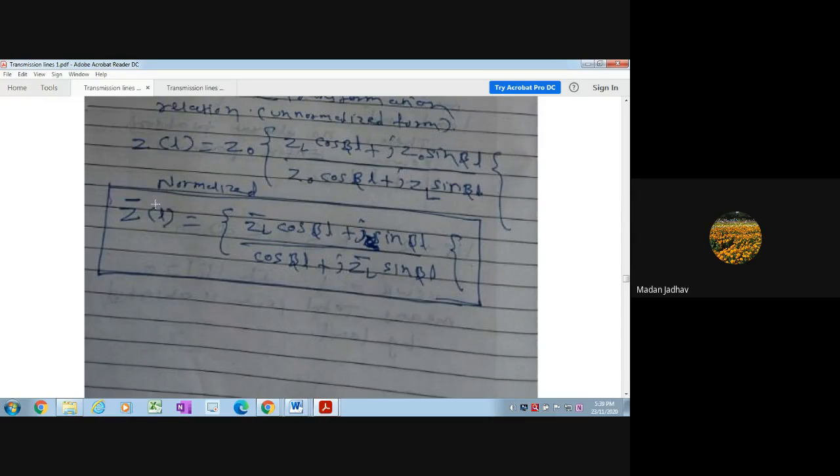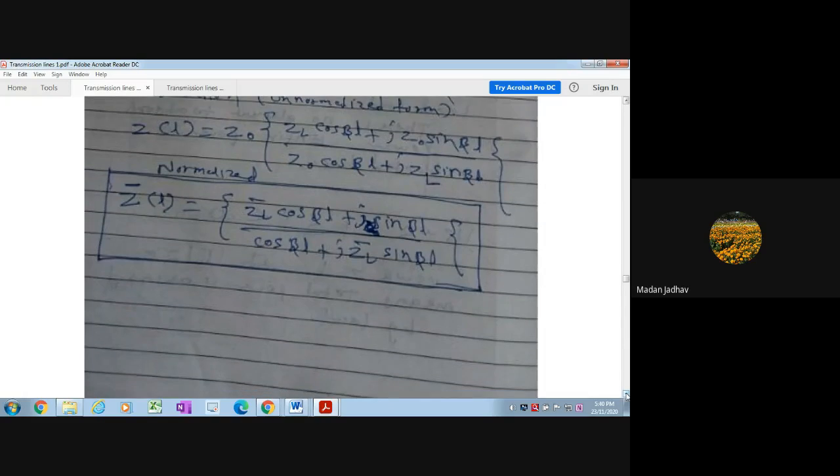Therefore the impedance transformation equation in normalized form for a lossless transmission line will be this one: ZL bar cos of beta L plus j sin of beta L, divided by cos beta L plus j ZL bar sin of beta L. Okay, this is the normalized form for a lossless transmission line.